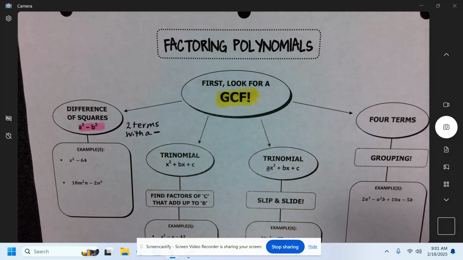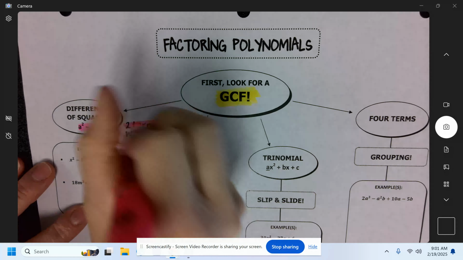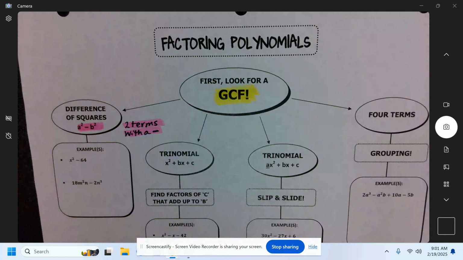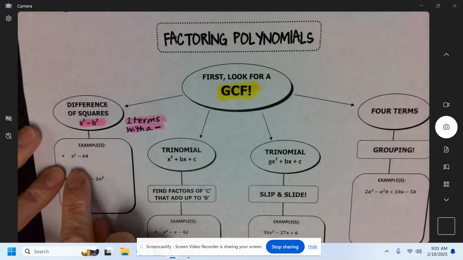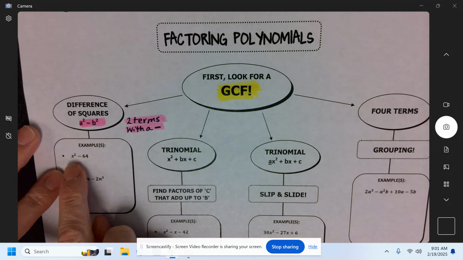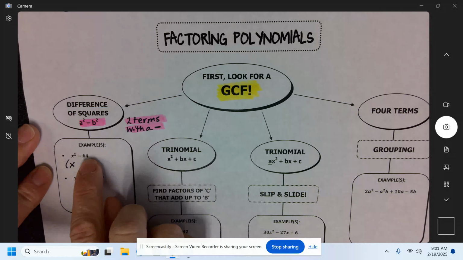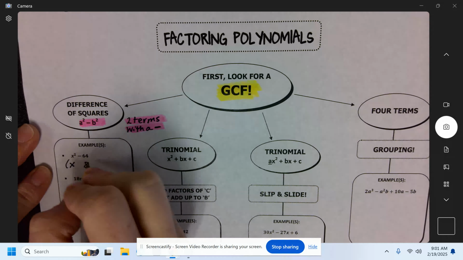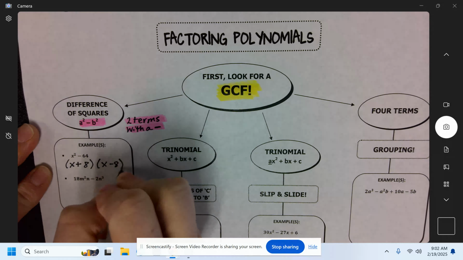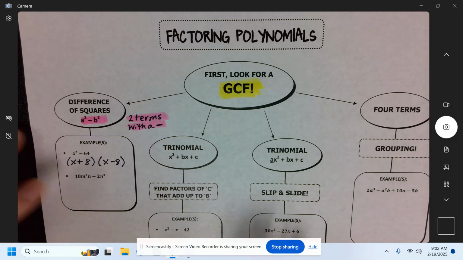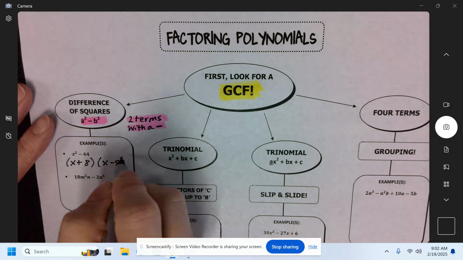So if you have two terms that are perfect squares with a minus, then you'll factor it using a difference of squares. What do you square to get x squared? You square x. What do you square to get 64? You square 8. And we put one of the parentheses with a plus and one with a minus, and that's how we would factor that.